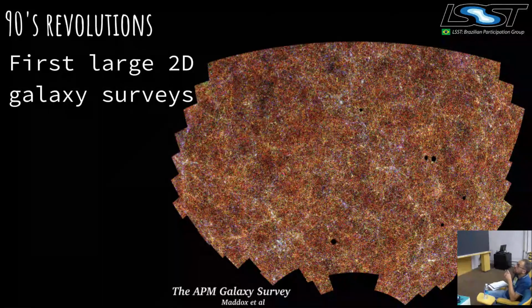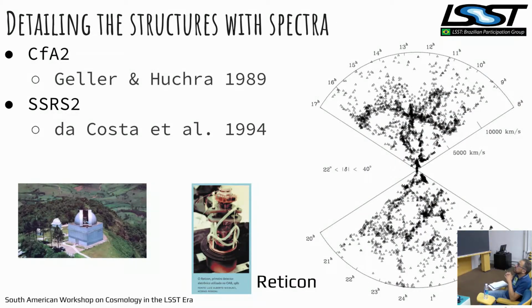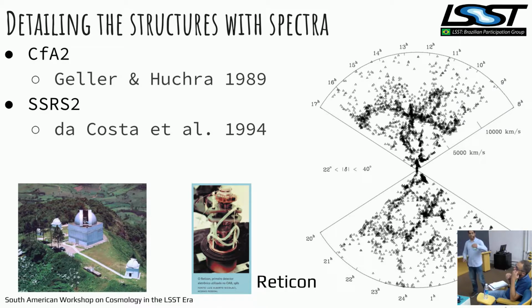The next step, and Brazil took some part in that, was to go 3D, with spectroscopy, where you can really tell the redshift of the galaxy. From the Hubble law, you know that the redshift gives you the distance, so you can build a 3D map of the universe. One of the first maps was built by the CfA team, Geller and Huchra, who also teamed up with the guys here in Brazil that used the OPD telescope, this nice green place here.